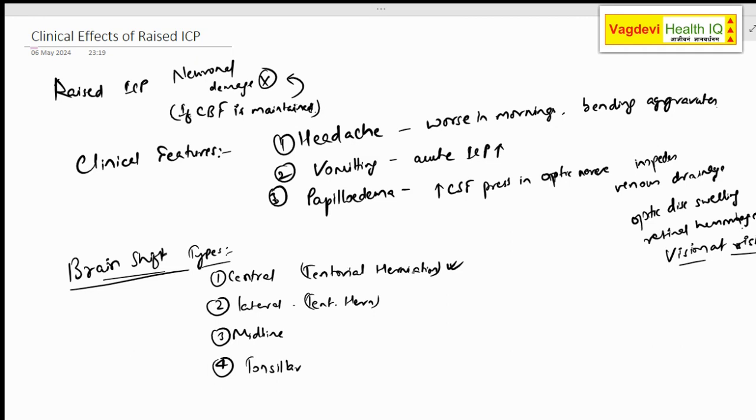Same way here it is tentorial hiatus, on one side, basically unilateral. Obviously both can occur together. If intracranial pressure continues, then definitely central will also follow. I'm just giving you a picture of the different types.